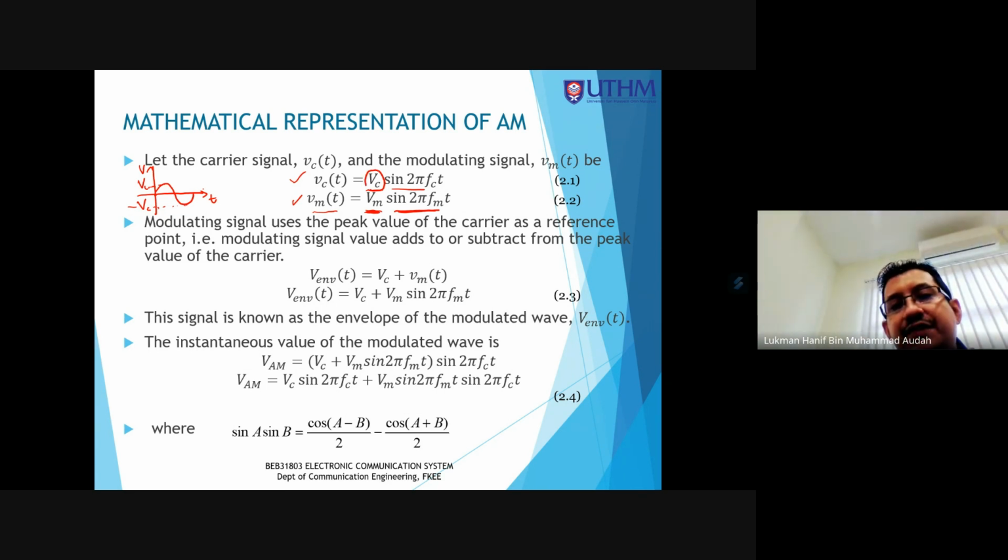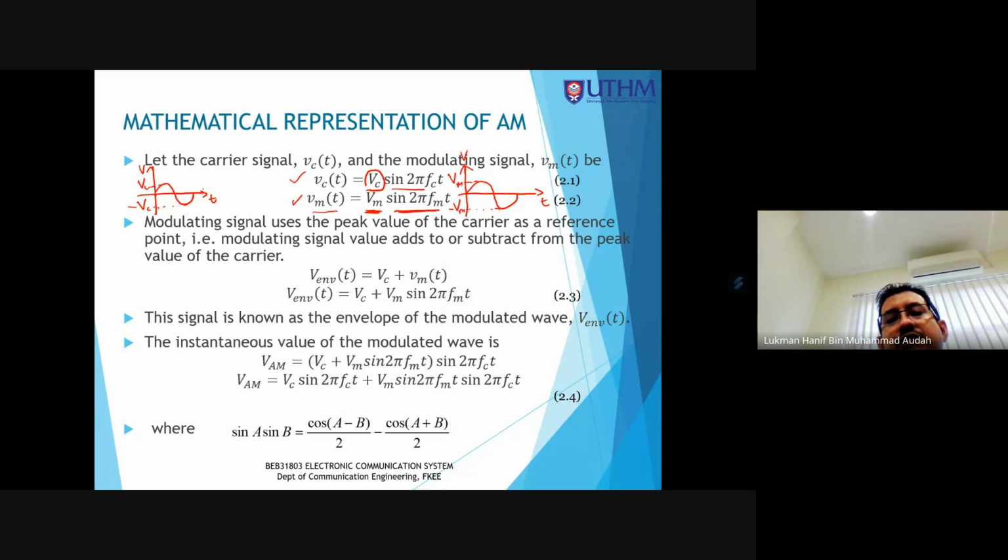Similar with VM(t), if you draw the sine wave of time versus voltage, you see that the peak amplitude here is Vm, and similarly the peak amplitude at the negative side is negative Vm. For your lecture notes, you see that the input is given as a sine wave.